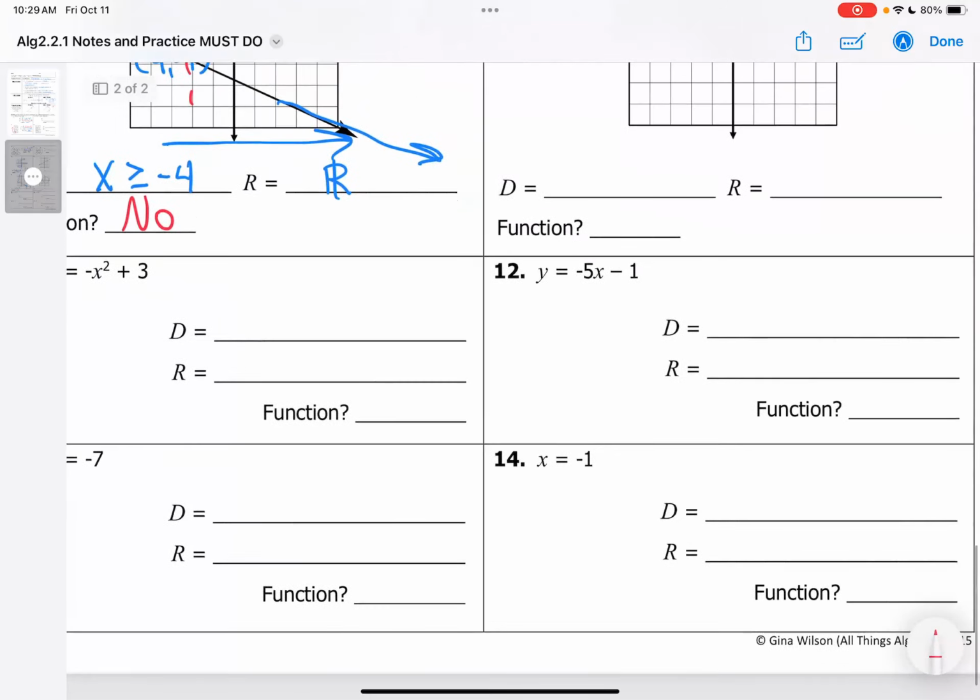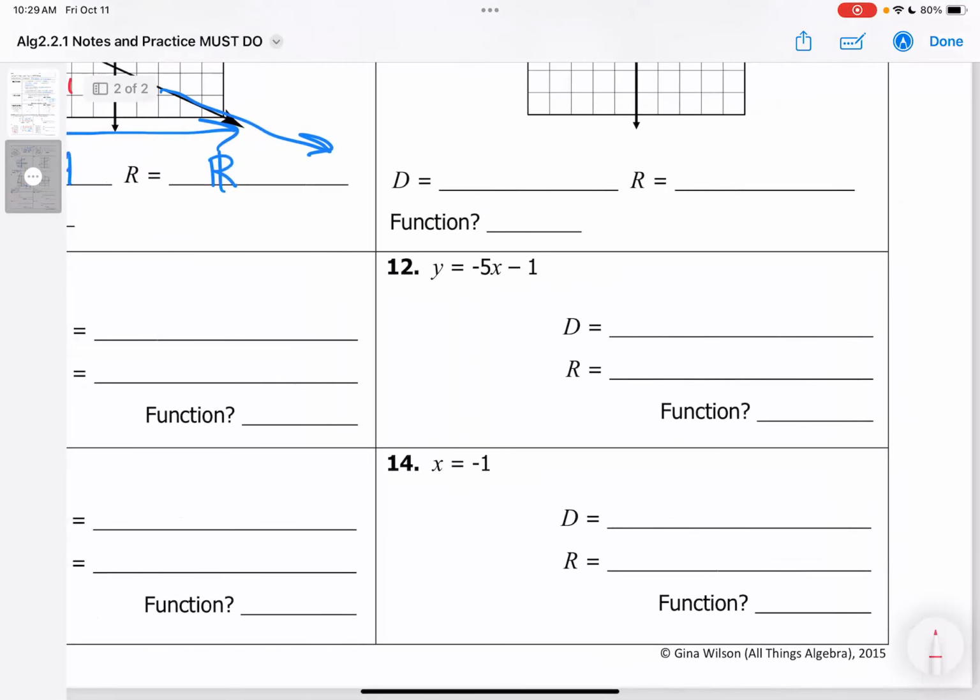Going to skip number 11. Then if we look over here at y equals mx plus b, do you recognize that as the slope intercept form of an equation? So this is our slope, the m part, and this is our y-intercept.